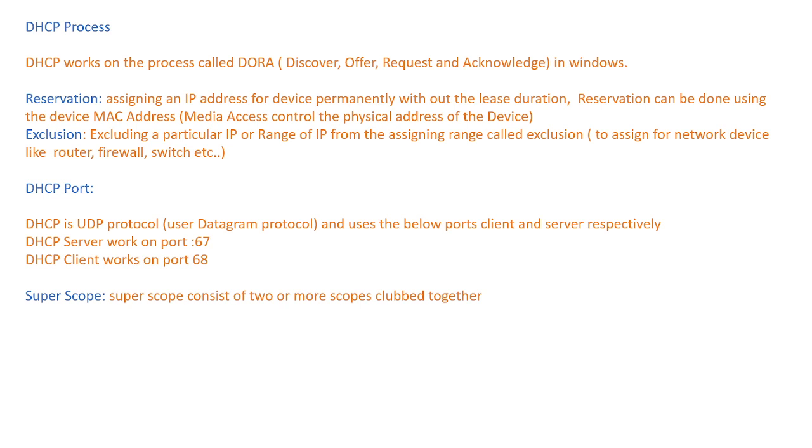So for that, thinking that in your mind, you may have excluded the first 20 IP addresses for the static usage and the remaining 234 IP addresses for the dynamic usage. Means excluding the range of IP addresses from the DHCP distribution, we call it as exclusion.